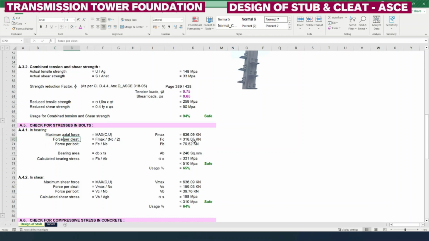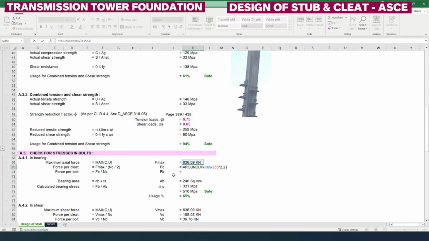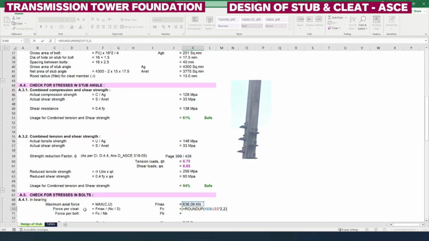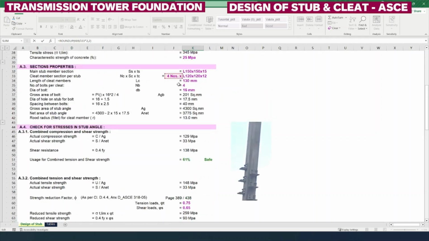Force per cleat is nothing but the maximum axial force, that is compression or uplift, divided by the number of cleats which you are providing. In this, two cleats only we need to consider.